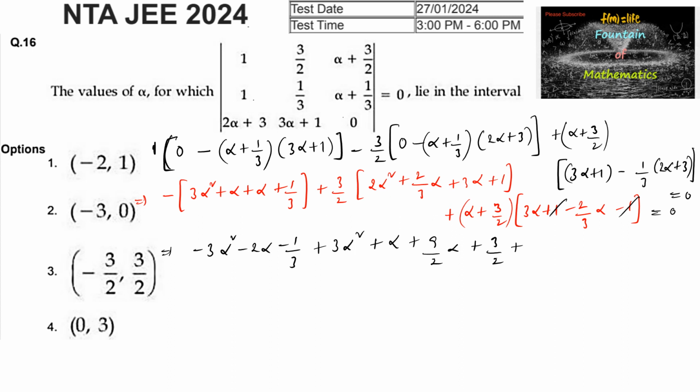So 7 by 3 alpha into alpha is 7 by 3 alpha square, plus 7 by 2 alpha, which is equal to 0.